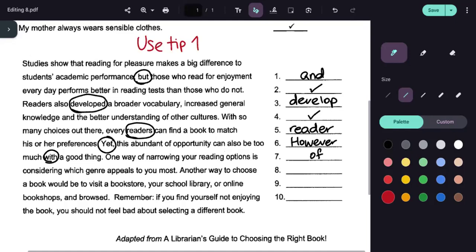Now to number eight. "One way of narrowing your reading options is considering which genre appeals to you most. Another way to choose a book." Okay, now this one. One way of narrowing.